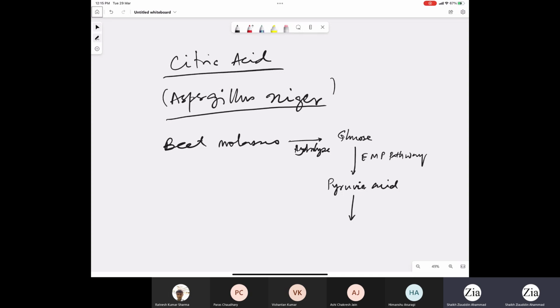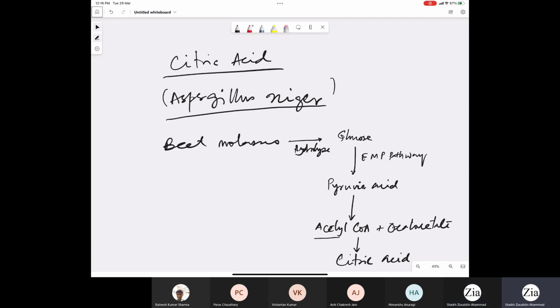And then from pyruvic acid, you will have acetyl-CoA and oxaloacetate. And these two, acetyl-CoA and oxaloacetate, will undergo condensation reaction, and after condensation, it will produce citric acid.